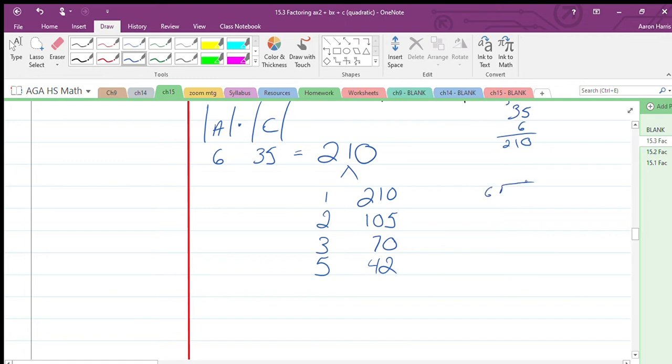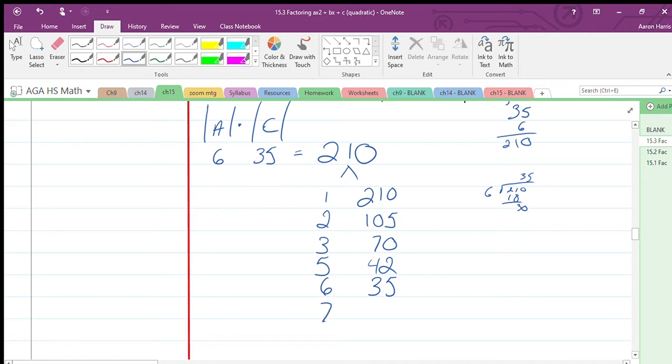Here's 210. Let's put 3, so I get 18, then 30. Oh, look at that. 6 will go in. So it goes in 35 times.